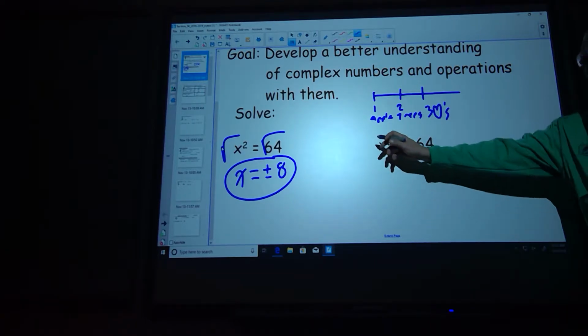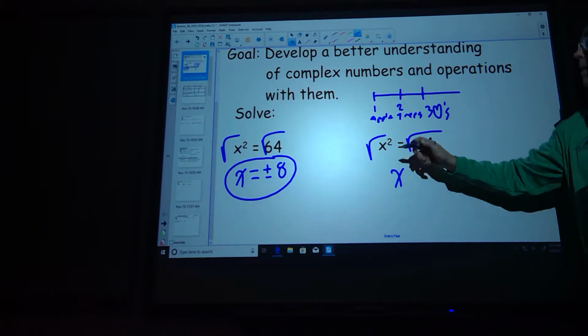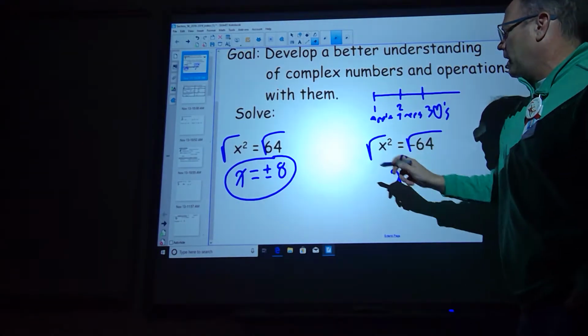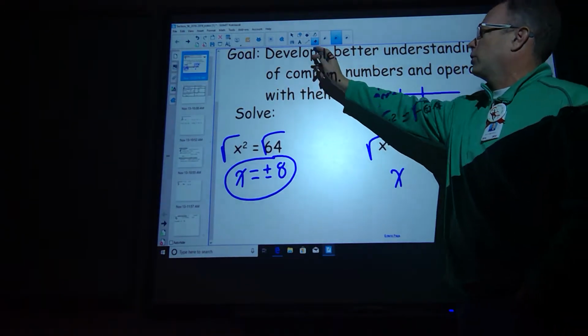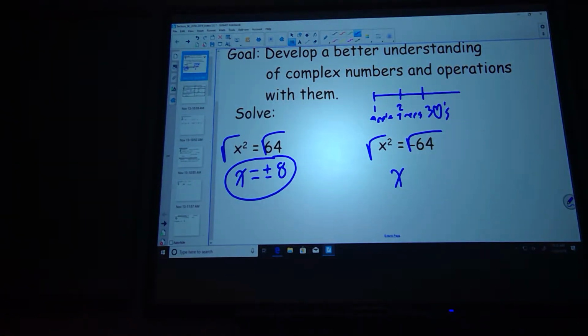And that's what happens when I take the square root of this. Do you remember when you were in Algebra 1 and you might have gotten this and you put the answer NRS for no real solution? And your teacher might have taken points away from you if you just put no solution because they wanted the word real in there. That was you having the understanding that we're using the real number system.